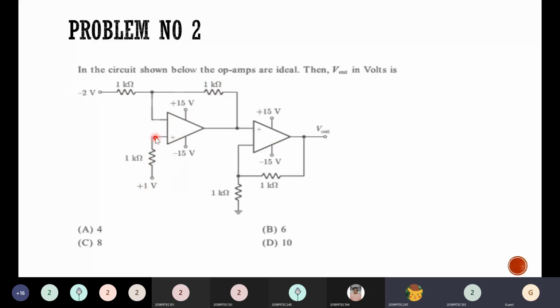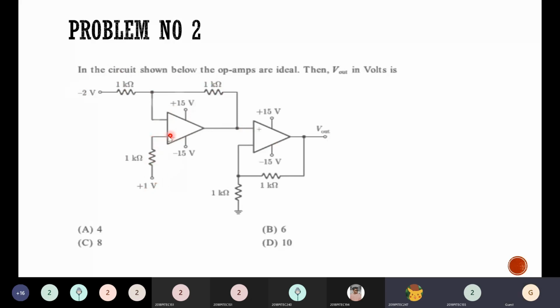Can anyone guess? Potential at the non-inverting terminal. No, you need not know about the current. Of course, current, yeah, okay. If you know the current, from 1 volt, based on the current, I can find the drop across this resistor and the remaining is available here. But that is not required.